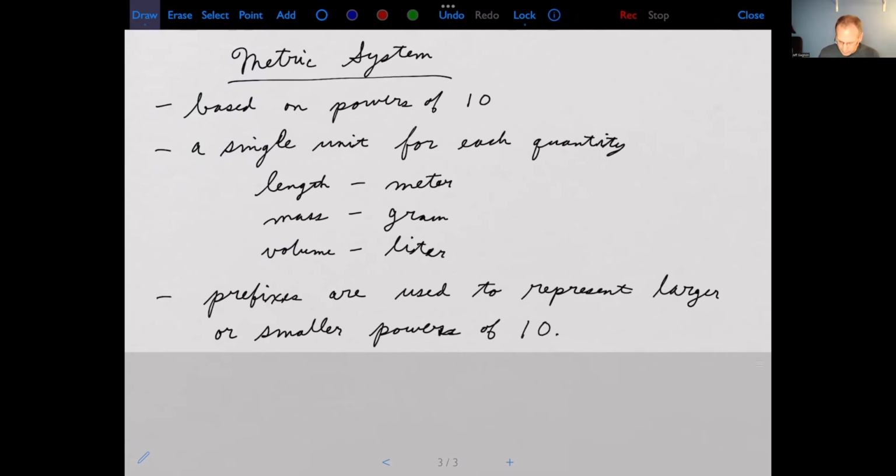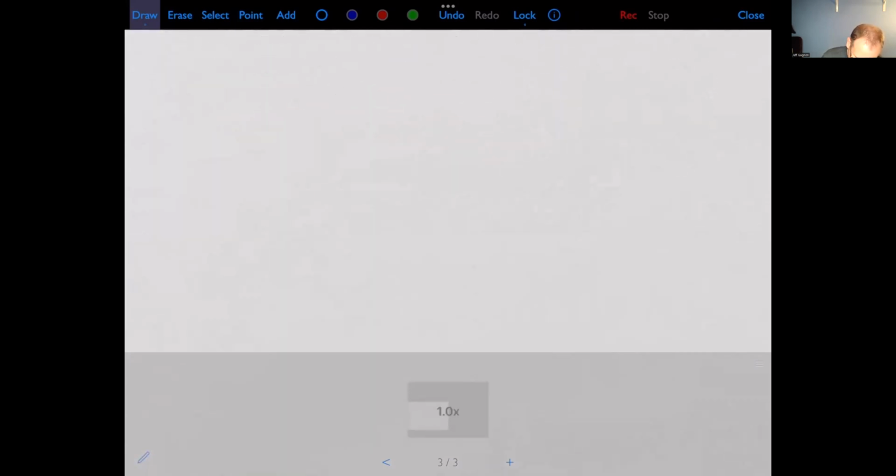Okay, so what are these prefixes? Well, let me write this out. So again, since we're talking about length right now, let's just stay with length. So I'm going to write 1 meter, which remember is abbreviated as m, is equal to 1 meter.